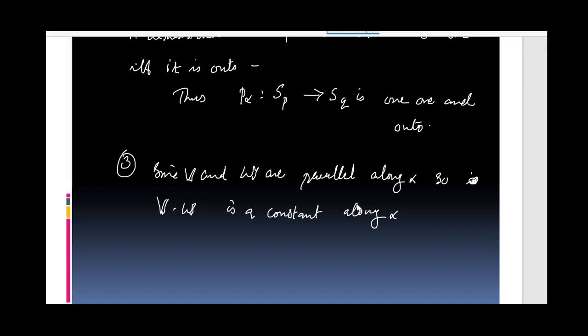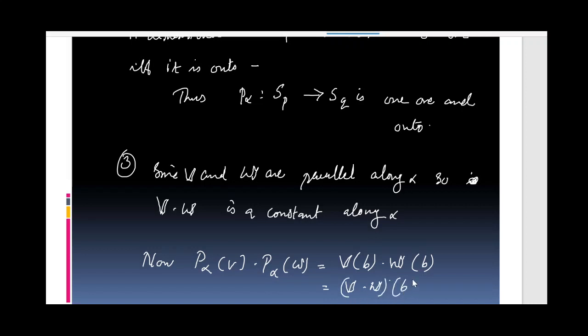Now P alpha of V dot P alpha of W is equal to V(b) dot W(b).